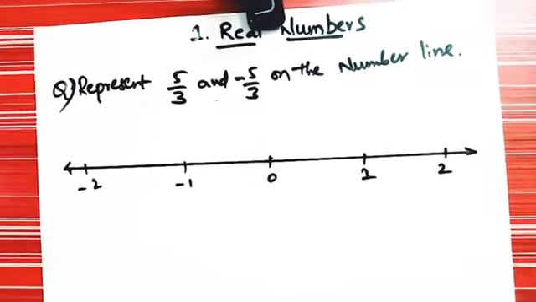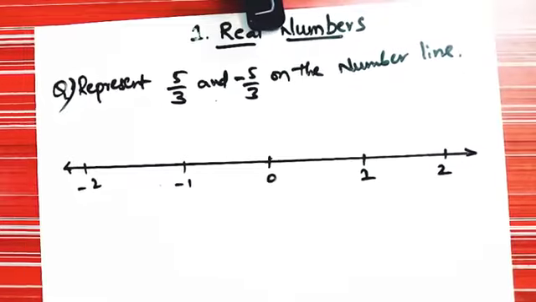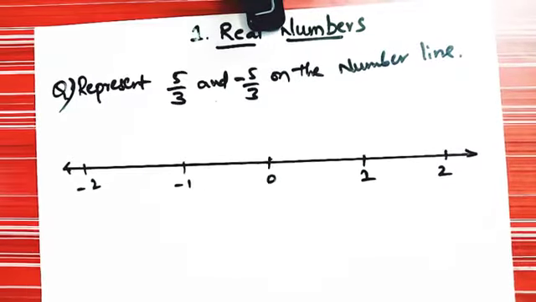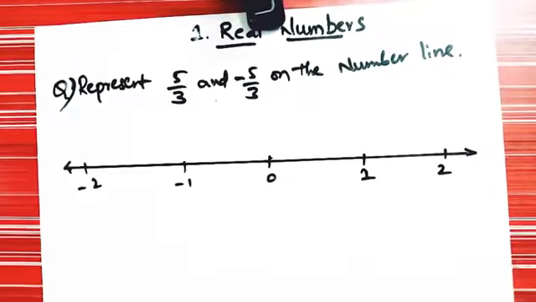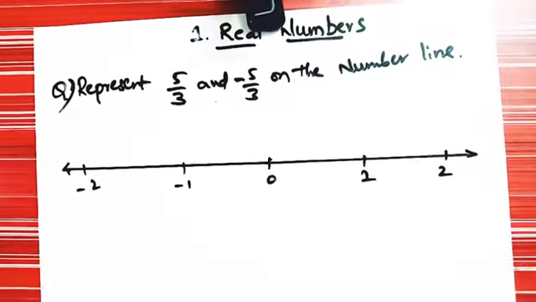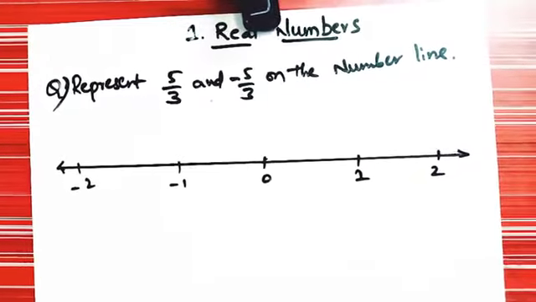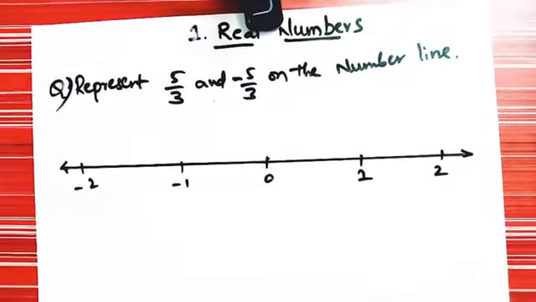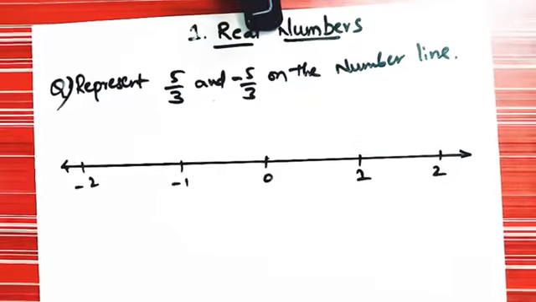See this question: represent 5 by 3 and minus 5 by 3 on the number line. These all are rational numbers I am representing on the number line. To draw these rational numbers on the number line, first of all we need to divide each unit into 3 equal parts to the right and left side of 0 respectively.